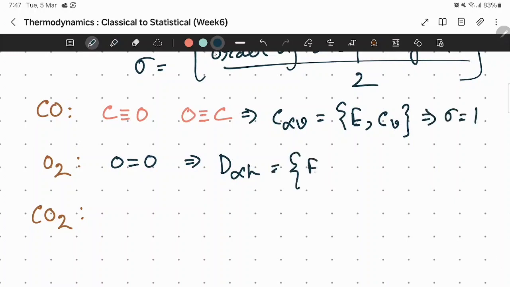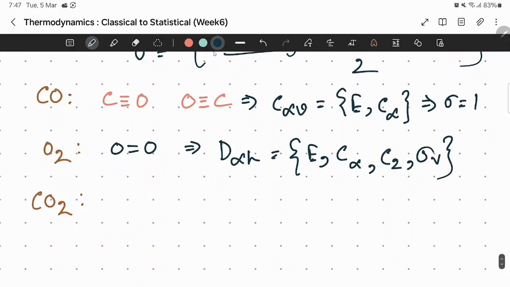For O2, there are four elements: E, C infinity, C2 and sigma V. You can also find it out. E is always there, then C infinity, C2 and sigma V are also there. So there are four operations essentially. In this way you can do it.